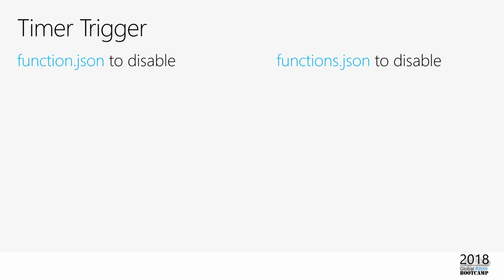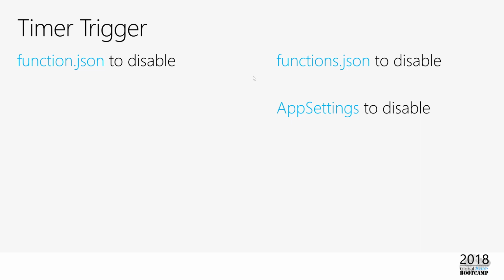In that case, we have to use the function.json file and modify the value disabled equals true, right? That also applies to the version 2 side, but in version 2, there is another option to disable the timer trigger. We can actually use app settings to disable a particular timer function.